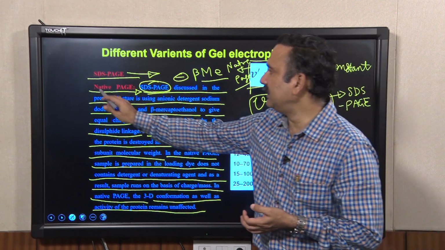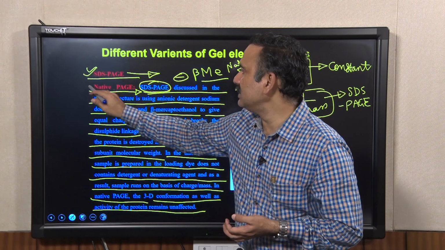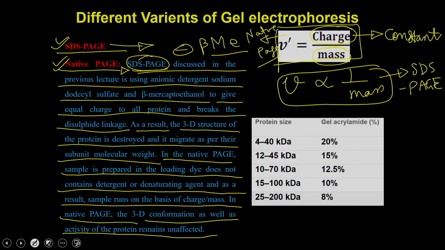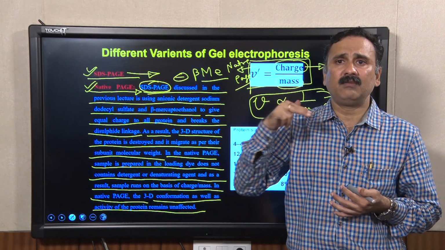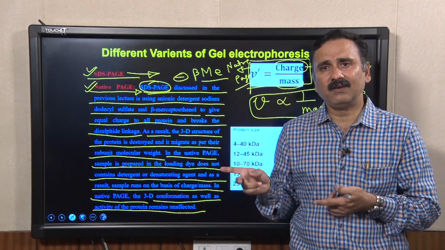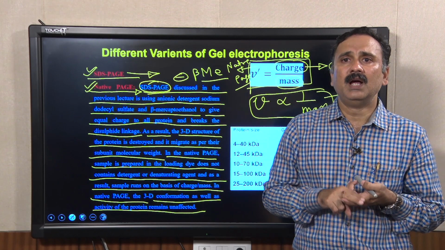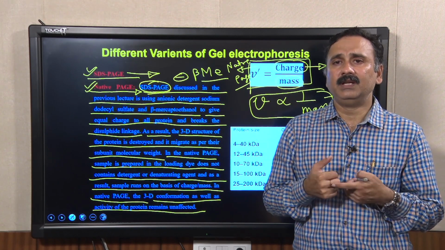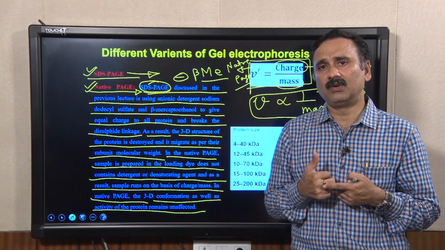Because if you run the same protein on the SDS PAGE and on the native PAGE, and you calculate their electrophoretic mobility and use that information, you will be able to answer the question of the oligomeric status of the particular protein.